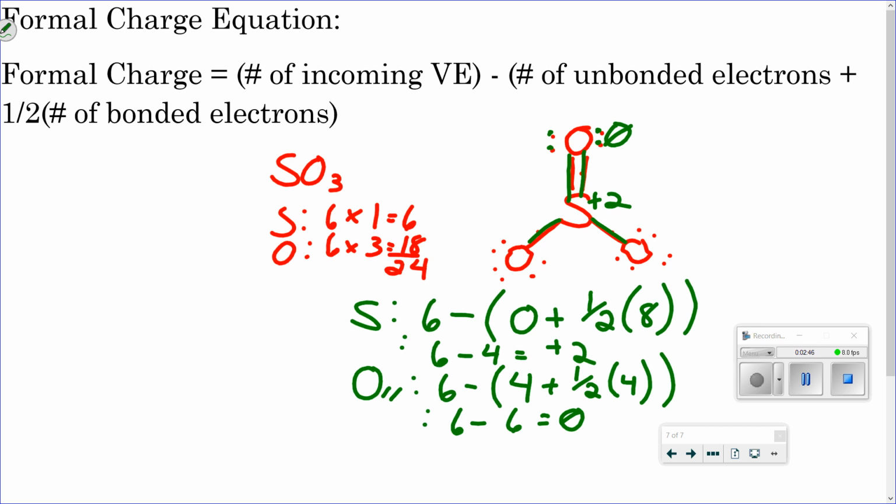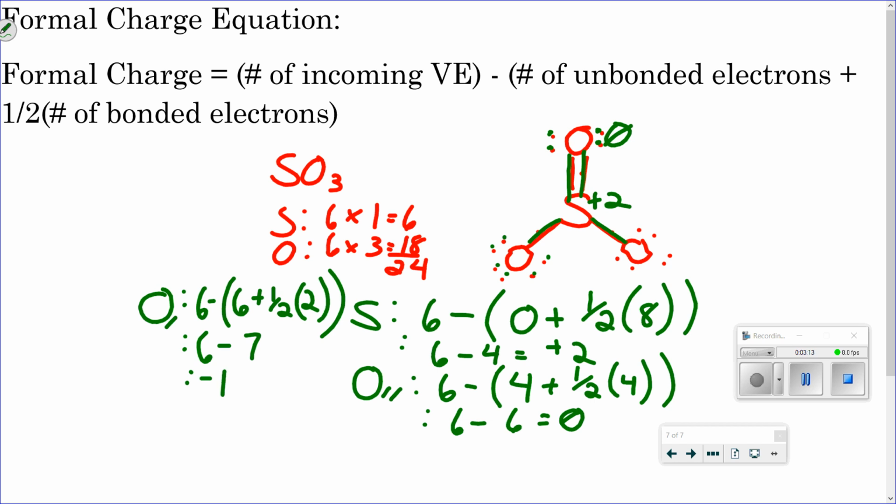Let's look at the single bonded oxygens. Single bonded oxygens, I'm going to have 6 minus, I've got 1, 2, 3, 4, 5, 6 unbonded electrons plus 1/2 of 2 electrons, or 1 line. So that's going to turn into 6 minus 7, which is going to be a -1.